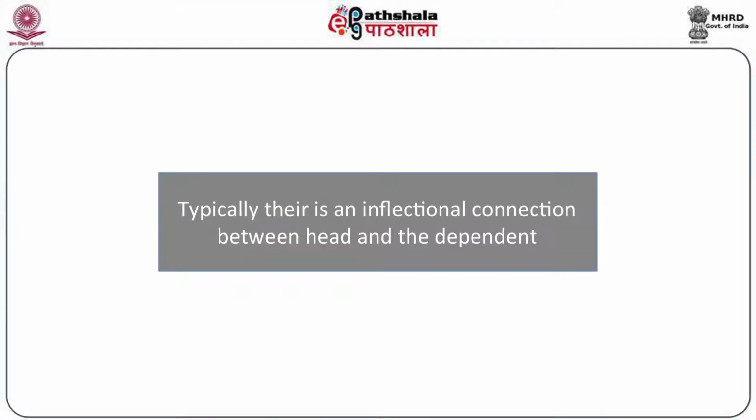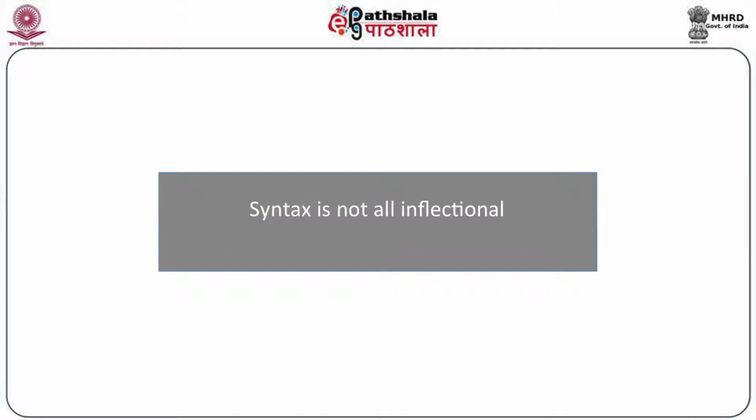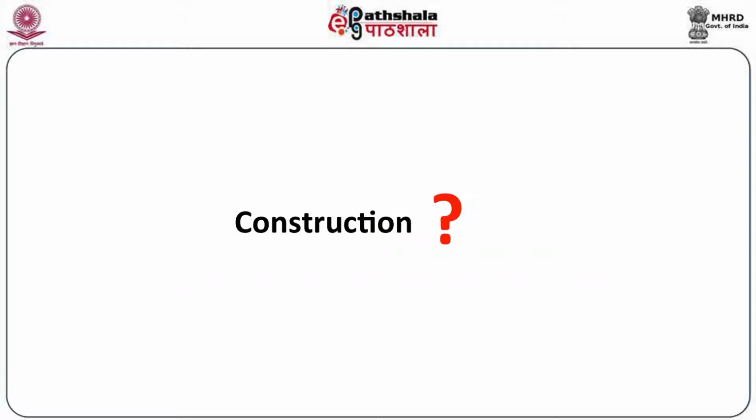It's called the head. The part which is not the head is called the dependent. Typically, there is an inflectional connection between the head and the dependent, but not necessarily. Syntax is not all inflection. Anyway, all this was to tell you about what a construction is.